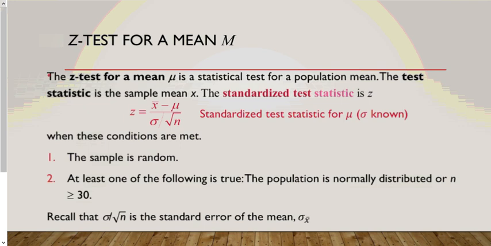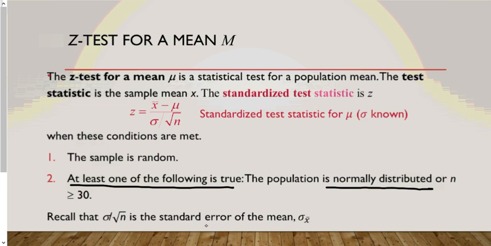Now, notice this says at least one of the following must be true, and this isn't different than what we've done before, but the population either has to be normally distributed, which in the past we looked at, or our sample size is going to be larger than 30. If we have larger than 30, we looked at how the sampling distribution, even of skewed populations, is approximately normal when you have large sample sizes.